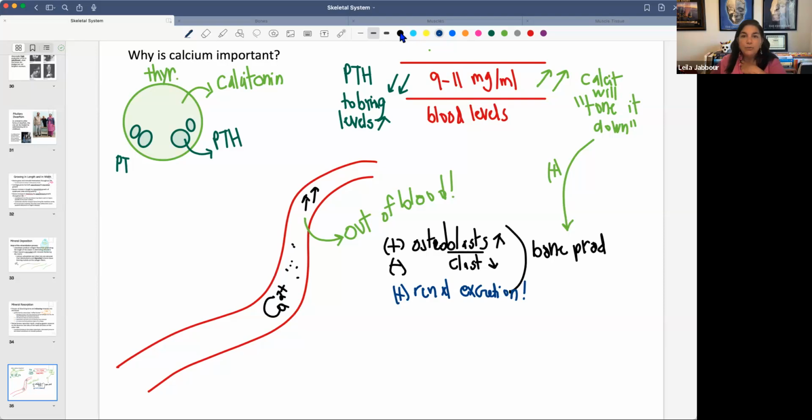Now, when calcium is too low, we have PTH that is going to, PTH in dark green. So PTH is going to take it out of the bone, and this is PTH.